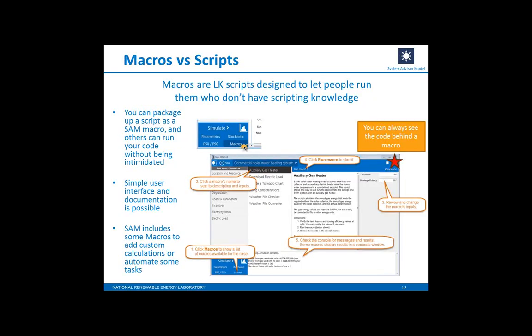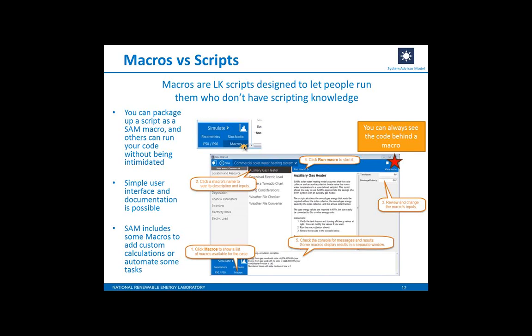So scripts are really powerful, but sometimes you might write a script and you want to hand it off to somebody so they can use it, but they're not a programmer and they might be intimidated by there being a lot of code. So macros are basically just LK scripts that are designed to let people run them who don't know anything about scripting.